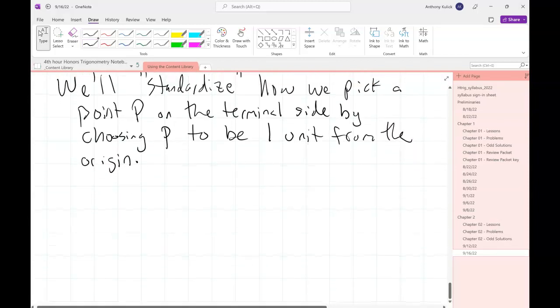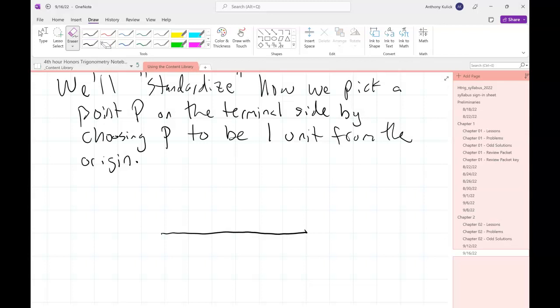So, if we do this, if we've now chosen P to always be 1 unit from the origin, what have we described? If I take all possible P's from all possible angles, what shape are we going to end up with?